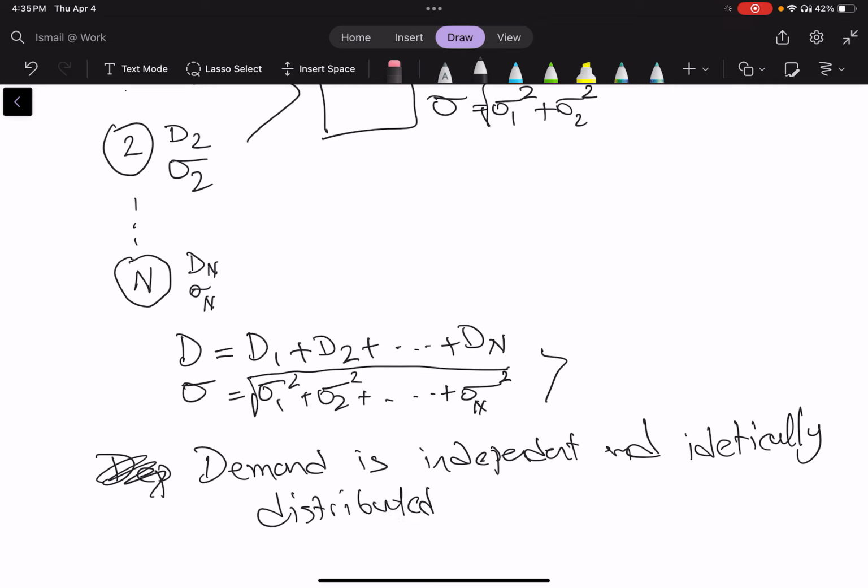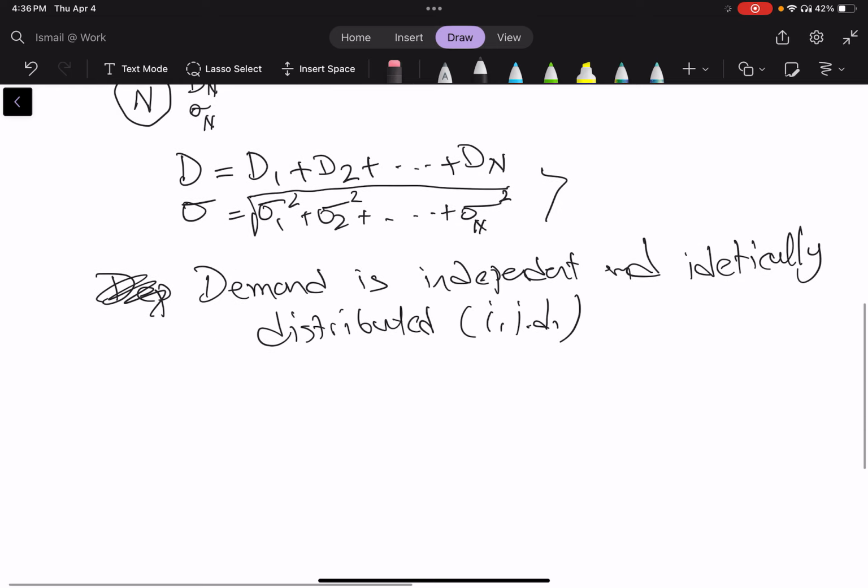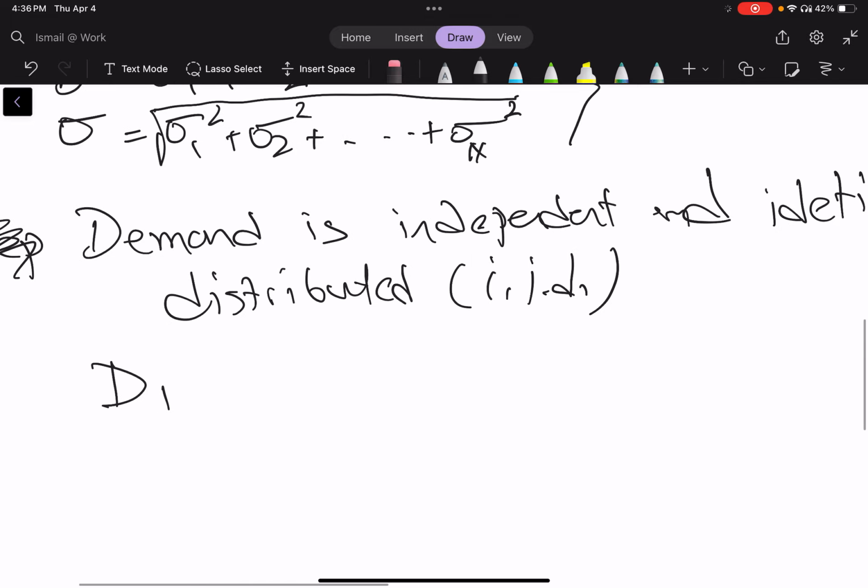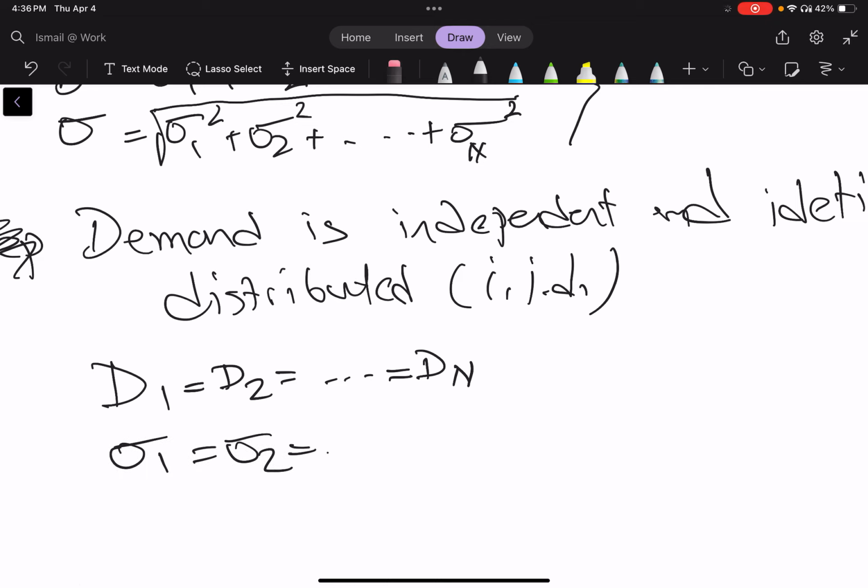Sometimes you will see IID, and that's what it means. Again, I'm saying that demand 1 is equal to demand 2, and that is equal to demand N, right? And sigma 1 is going to be equal to sigma 2, and that's going to be equal to sigma N.